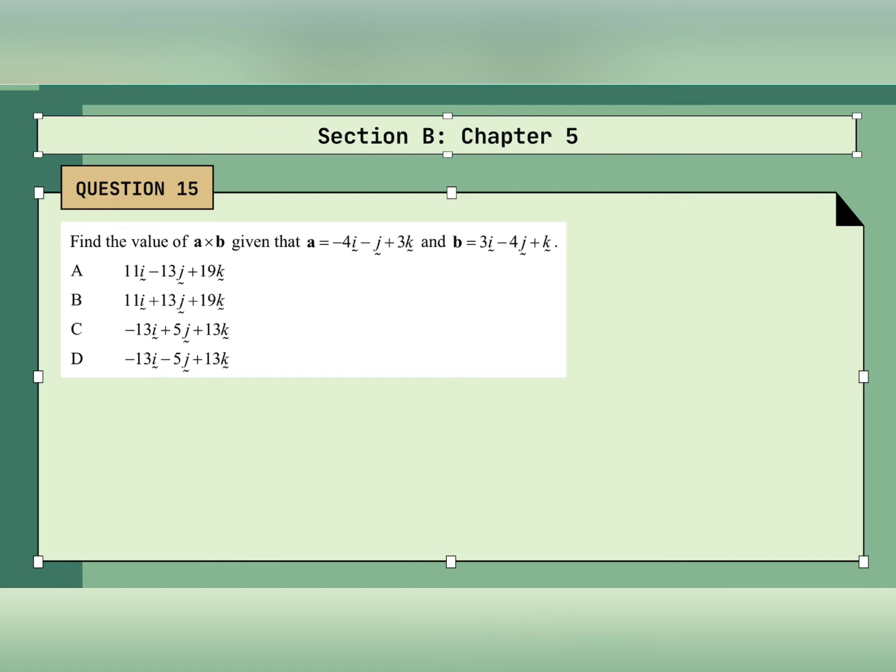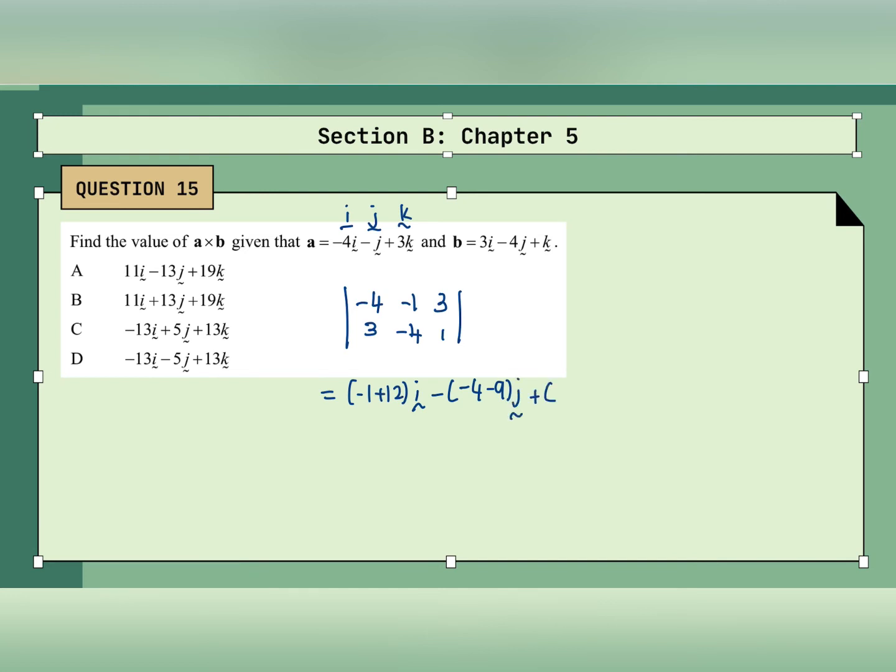Okey, question 15. Find the value of A cross B given that A and B. Okey, cross. So ini kita punya I, J, K kan? Okay. So negative 4, negative 1, 3 dan juga 3, negative 4, 1. Okay. So untuk cari I, tutup I, negative 1 plus 12. I minus J. Tutup J, negative 4 minus 9.